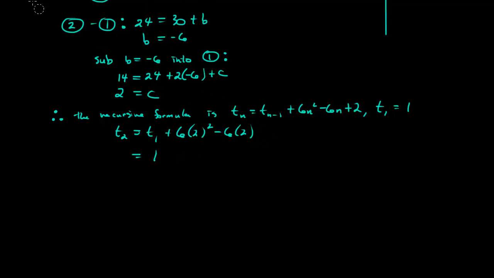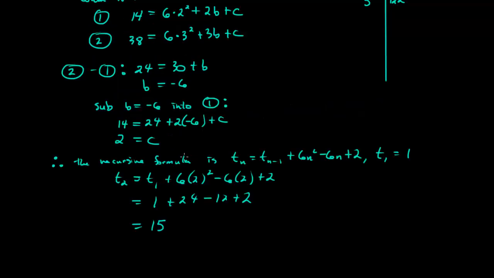I made an error here. So minus 6 times 2 plus 2. Made a mistake copying that equation down. So I've got 1 plus 6 times 4 is 24, minus 12 plus 2. And here we've got 12 plus 3 is 15. So t sub 2 is equal to 15, which matches the sequence that we had above.